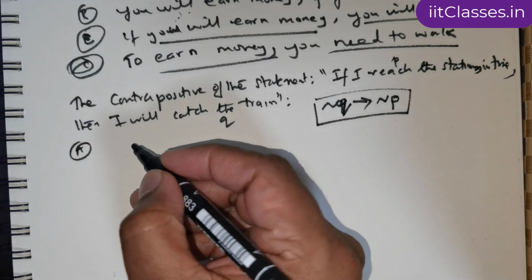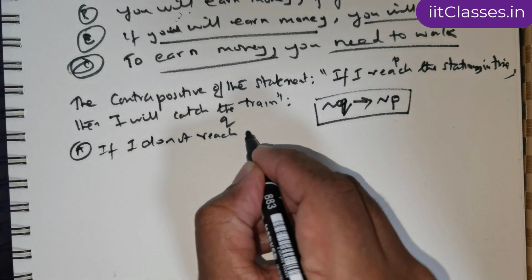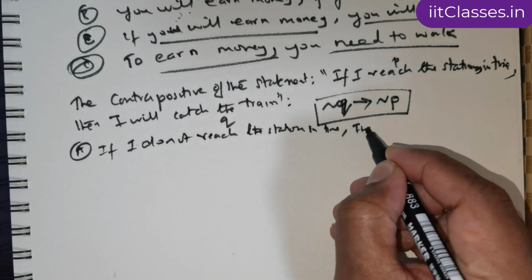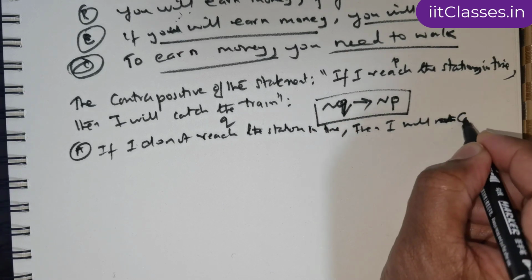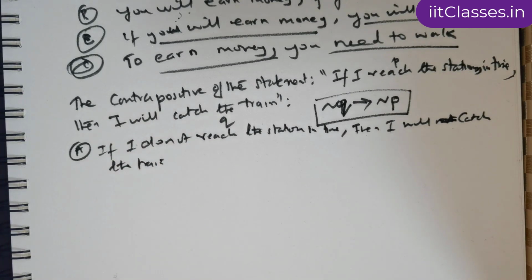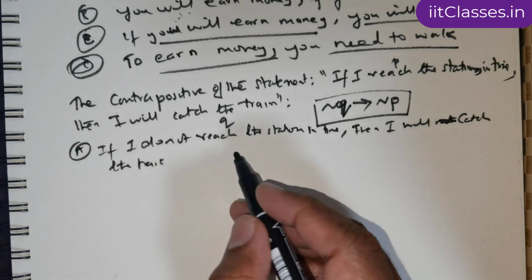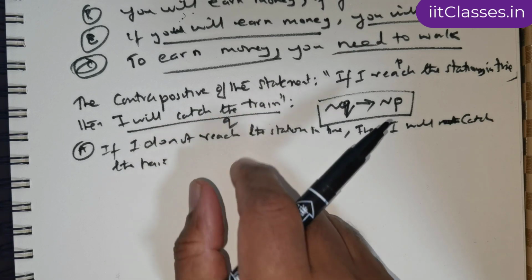Choice A is if I do not reach the station in time, then I will catch the train. So let me read out the following four choices. The first choice is, if I do not reach the station in time, then I will not catch the train. So in this case, we need to obtain the negation of Q. The negation of Q will be, I will not catch the train.